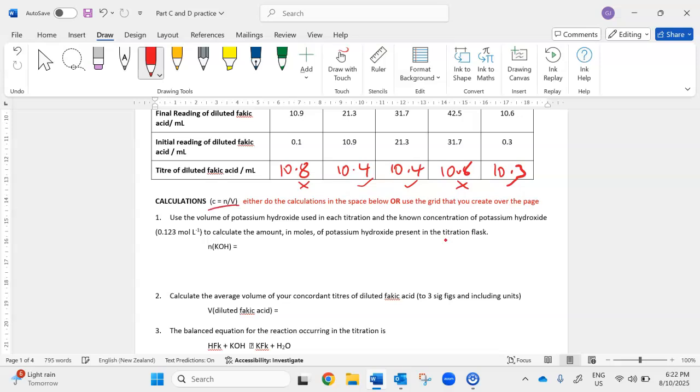So they tell you C equals N over V, so that means N equals CV, which is 0.123 times potassium hydroxide is 10 millilitres, which is 0.01 litres, giving us 0.00123, or on your calculator it might be 123 times 10 to the minus 3 mole.